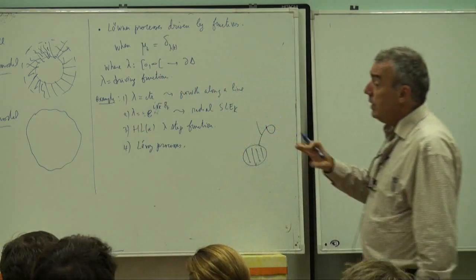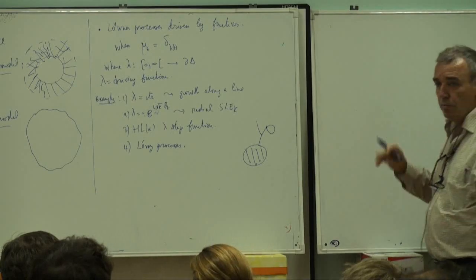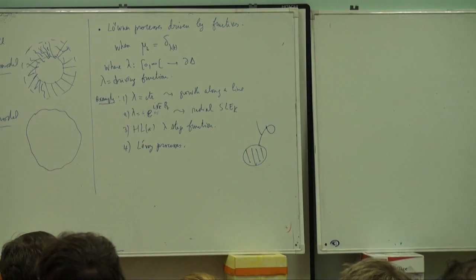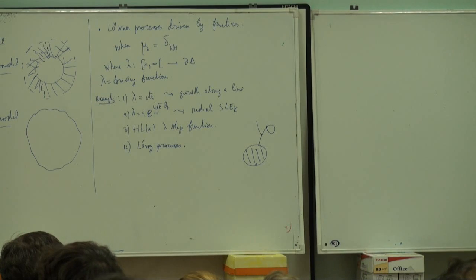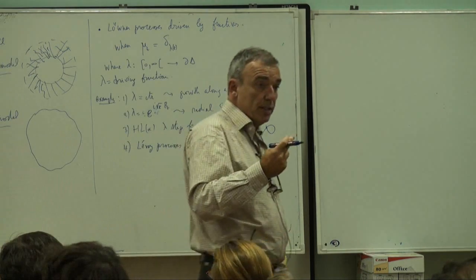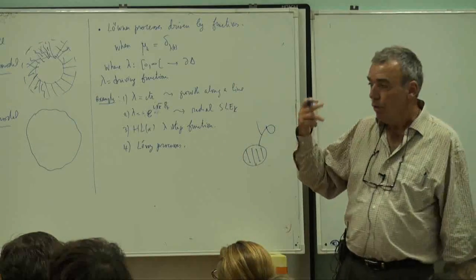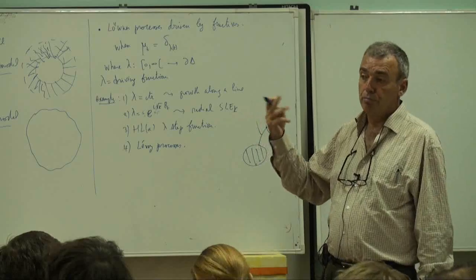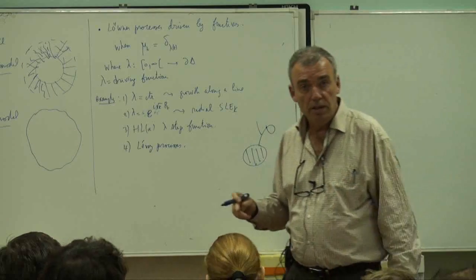I hope I have time tomorrow to show the connection of Levy processes with what I'm saying. For instance, for alpha equals 0, HL0 is a Loewner process driven by a Levy process, which is just a compound Poisson process, a very simple Levy process.